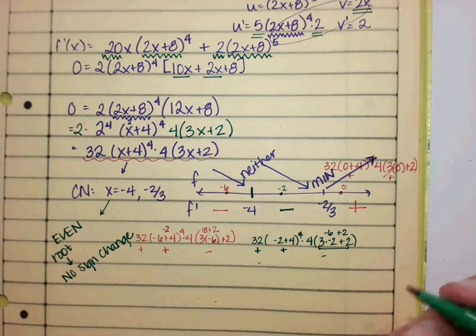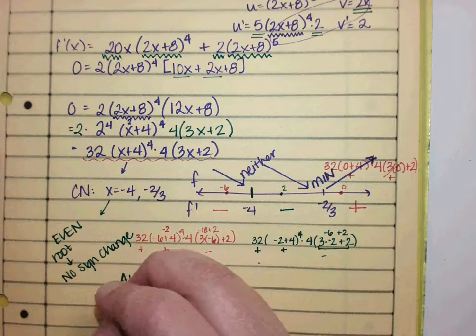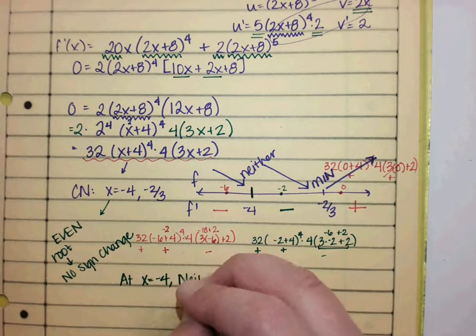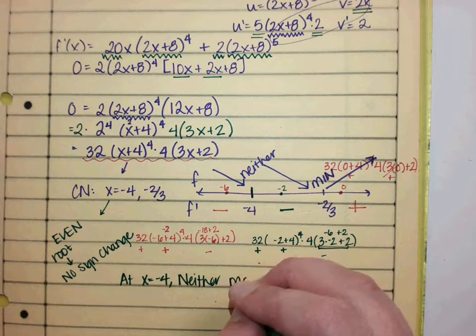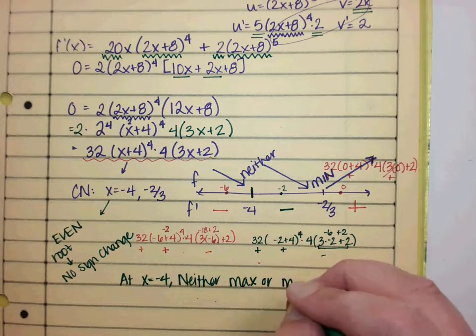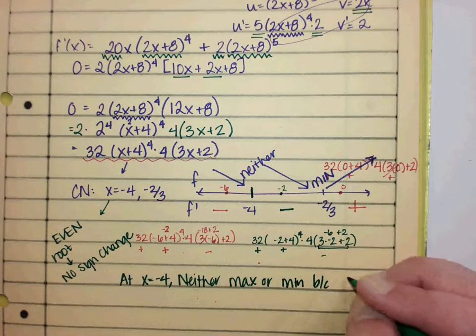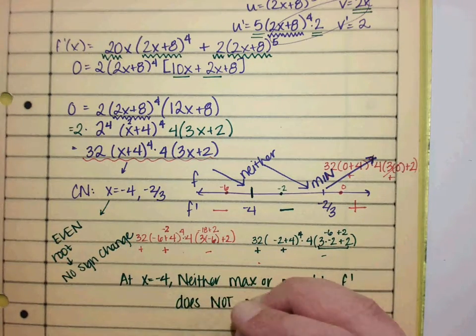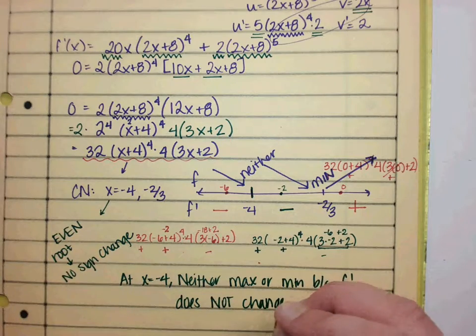So from here I would put at x equals -4, it is neither a max nor a min because f prime does not change sign.